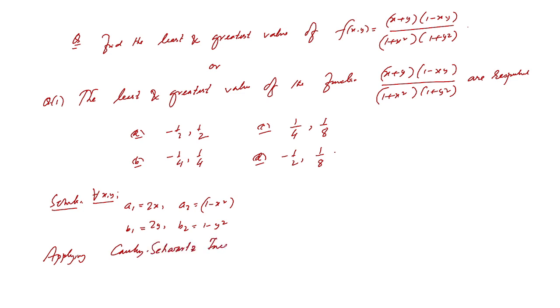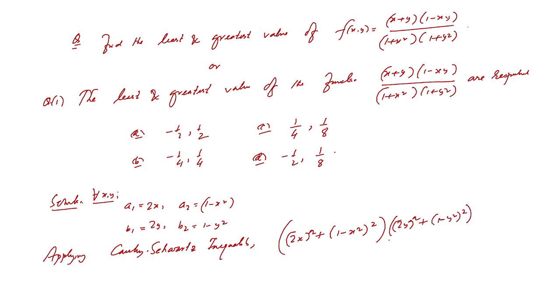So this will be (2x) whole square plus (1 minus x square) whole square, that is a1 square plus a2 square, multiplied by (2y) square plus (1 minus y square) whole square.